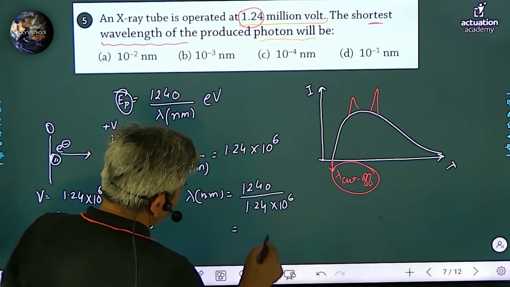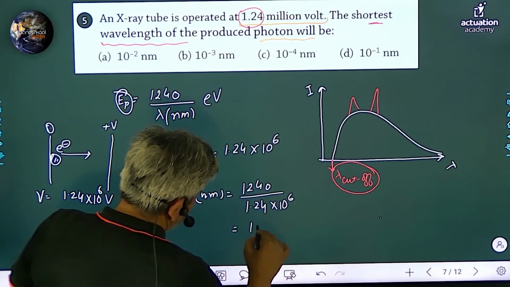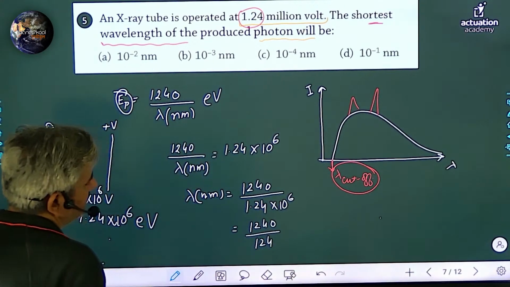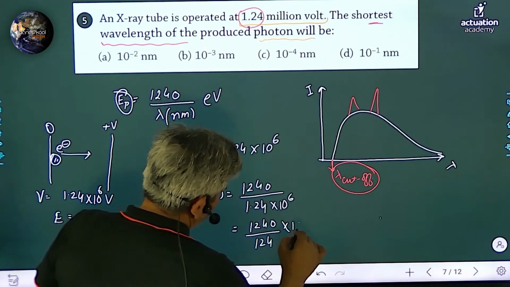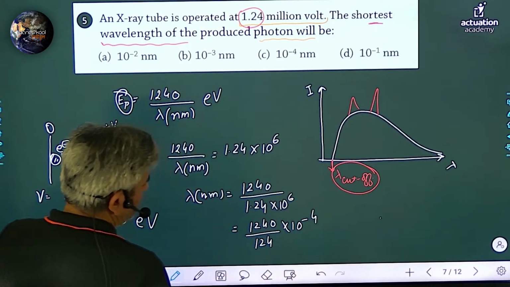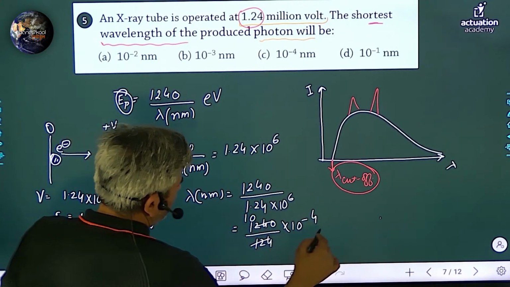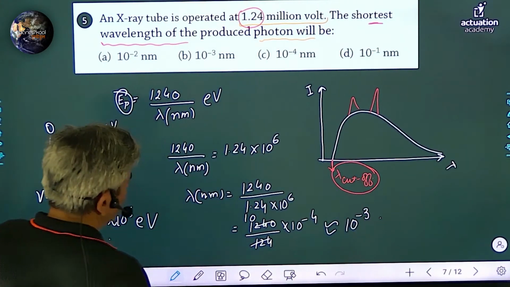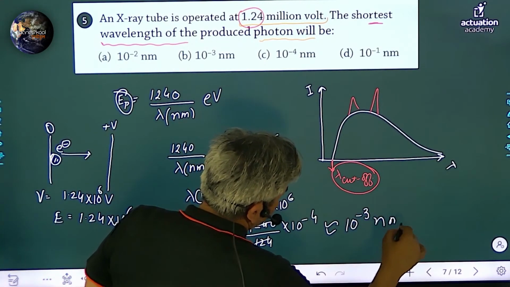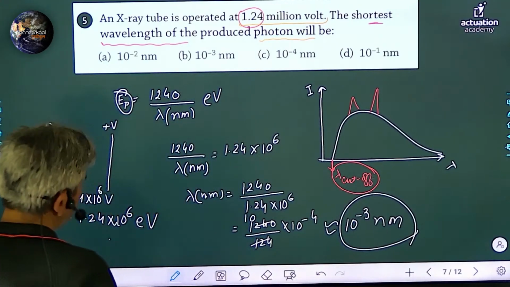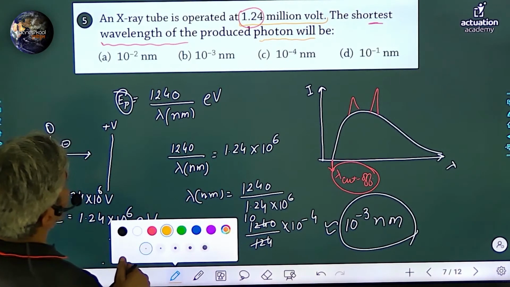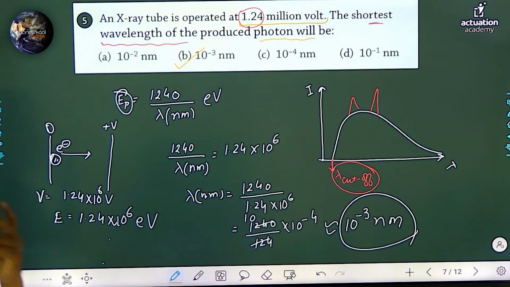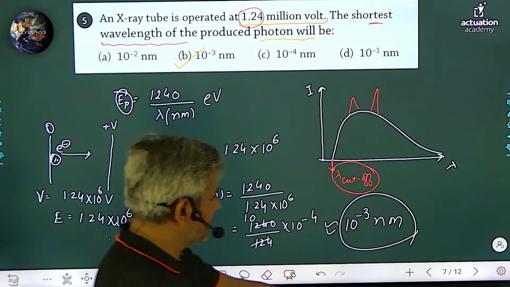This can be written as 1240 over 124 into 10 raised to power minus 4, and this will give 10 raised to power minus 3 nanometer. So out of the given options, the right option is B, which is 10 raised to power minus 3 nanometer.